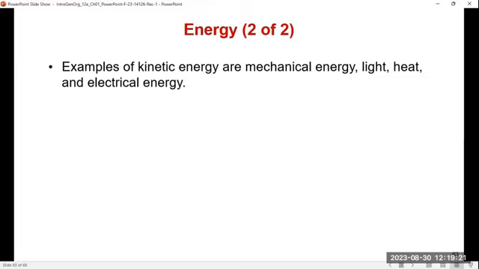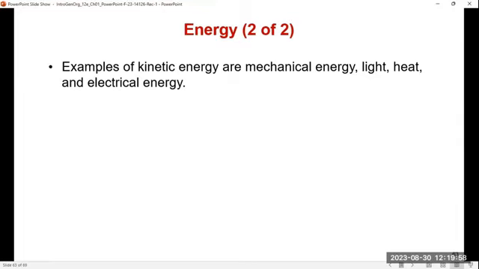4 forms of energy which are kinetic. Mechanical energy is kinetic; it moves the object. Heat also: the motion of particles in substances increases with heat, that's kinetic, moving, vibrating. Light also behaves as a particle. Even though it's difficult to imagine light as a particle, when light is described as a particle, it's called a photon.